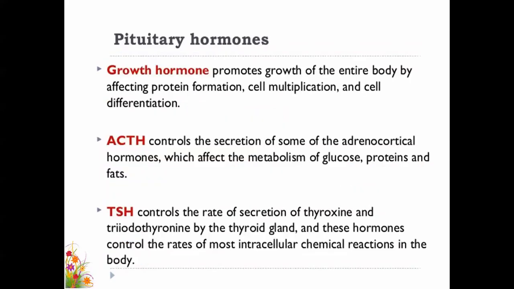So these are the functions of the growth hormone and all the pituitary hormones. Growth hormone, it's obvious, growth. It's promoting the growth of the entire body by affecting protein formation. That means it is helping in protein synthesis, the production of proteins. And it is also helping cell multiplication and cell differentiation.